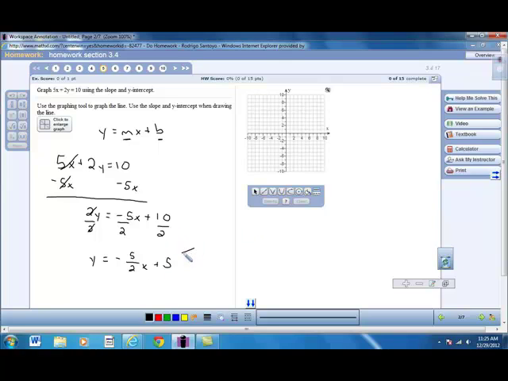So now we can look at this and say that this 5 is our y-intercept, and this negative 5 over 2 is my slope, which we are referring to as rise over run.